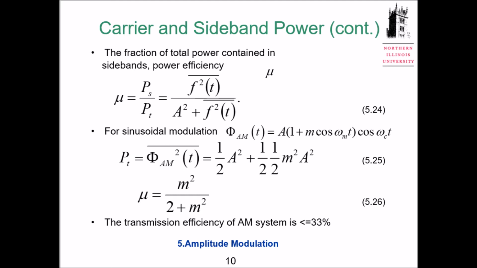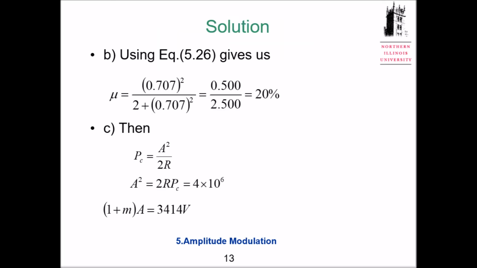And we show 3 examples. In this example from our textbook, my power efficiency is around 20%. And in the other 2 examples we showed last time, we know the typical radio broadcast power efficiency is only around 5%. That is the last example we showed in the class.